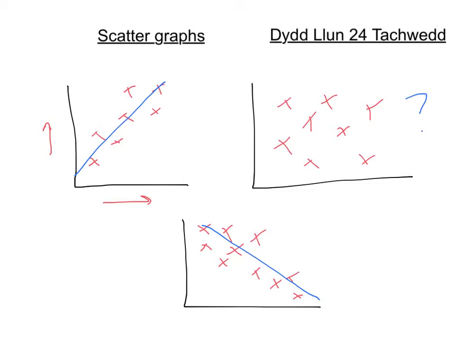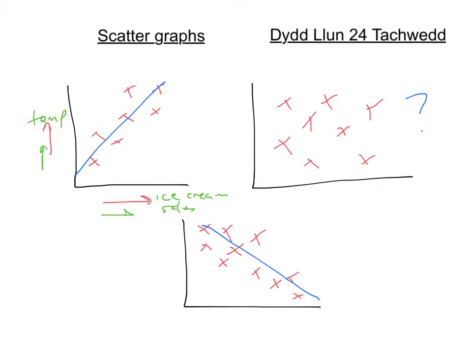Well, have a think. What two things are linked such that as one increases, the other increases? And a common one is, well, let's plot ice cream sales. They're going to increase as the temperature increases. That kind of makes sense, doesn't it? If it gets hotter, you're going to sell more ice creams.